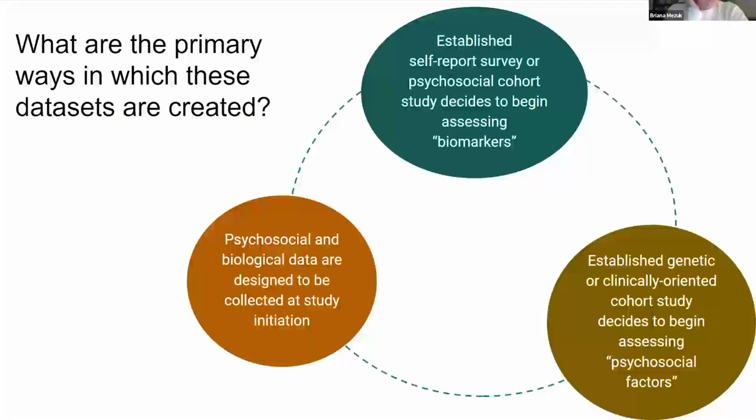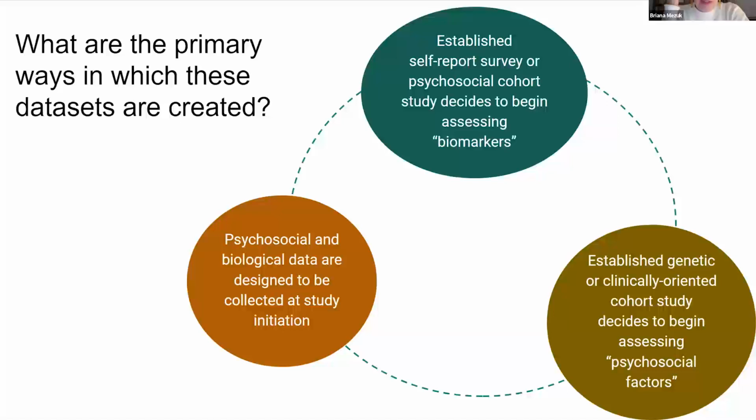So what I mean by that is that there are different ways in which data that have biopsychosocial variables in them come about. There are established self-report surveys, or maybe a cohort that's focused on psychosocial factors, that decides to begin assessing biomarkers, whatever we mean by that. So that's one way that these studies come about.